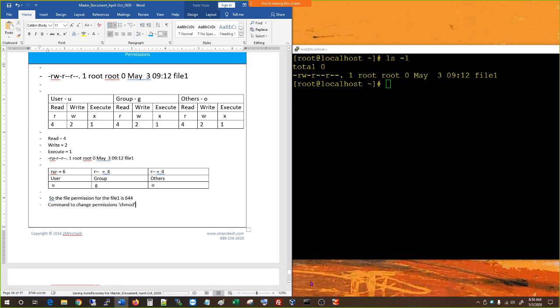What does chmod stand for? So it stands for change modification. Okay, that's what chmod stands for. This is a command we're gonna use.